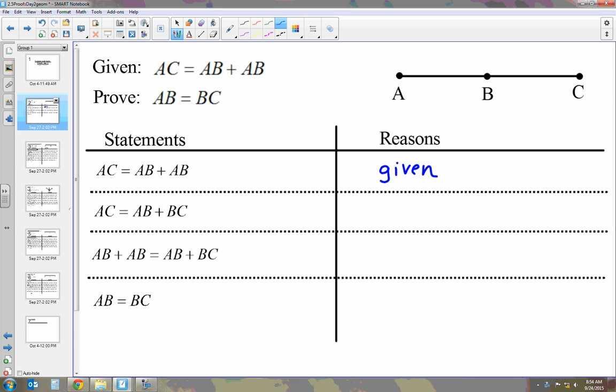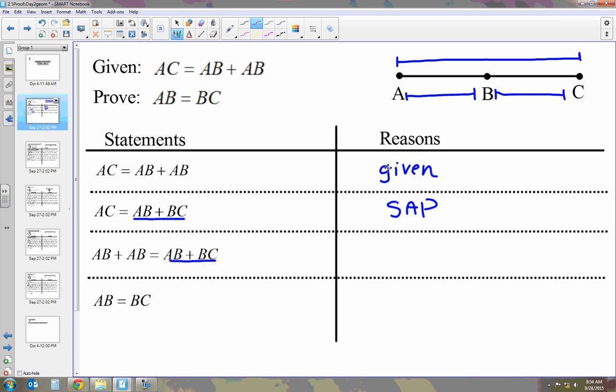AC is the whole thing, and AB plus BC are the parts, and part plus part equals whole is our segment addition postulate. Next, I have AB plus AB equals AB plus BC. Now, if we notice, these two statements are exactly the same, but these have changed.